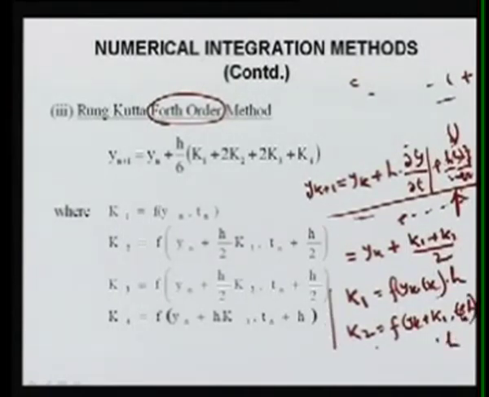So these two values are used here, and this is called the second order Runge-Kutta method.